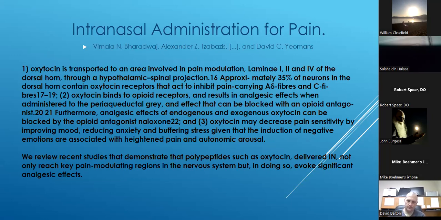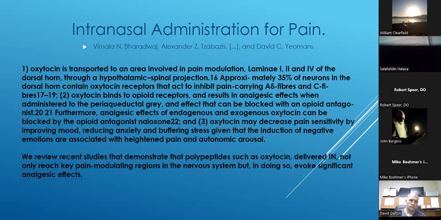The descending analgesic pathways are serotonergic, norepinephrinergic, and cannabinoidergic, but also there is oxytocin, meaning neurons producing oxytocin that inhibit the nociceptive or pain signals at the level of the spinal cord. And so it does have an analgesic effect.